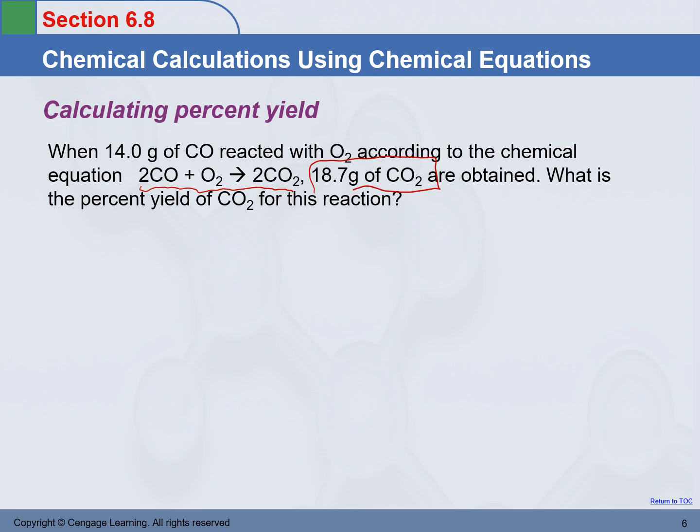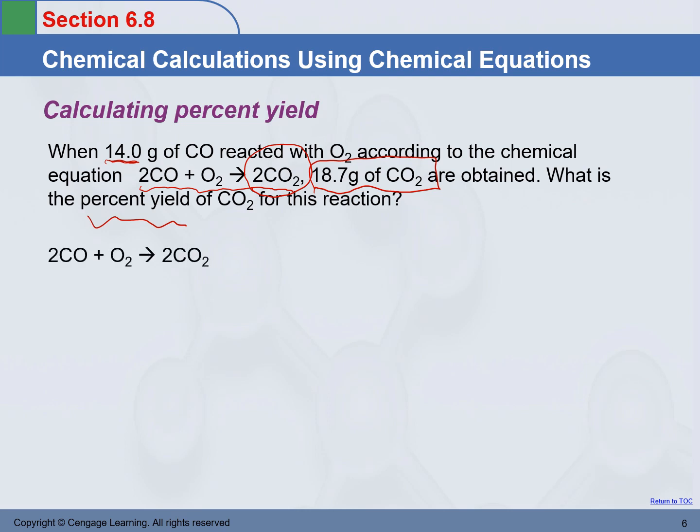Is that actual yield or theoretical yield? Of course, it is the actual yield. That's what you get. So in order to get the percent yield, you will need to calculate how much carbon dioxide could have been produced from 14 grams of carbon monoxide. In other words, you need to calculate the theoretical yield before you calculate the percent yield.